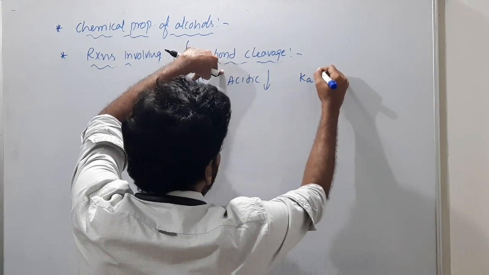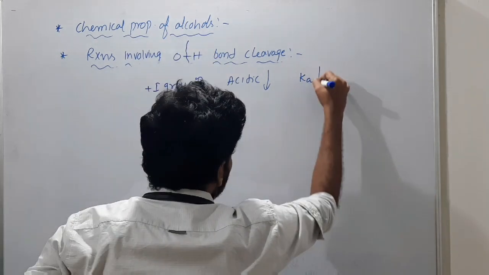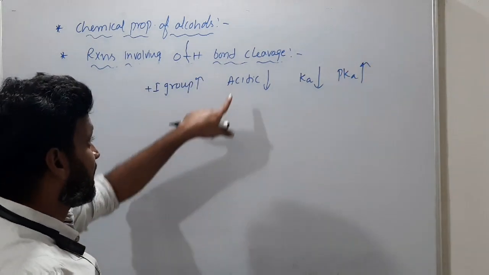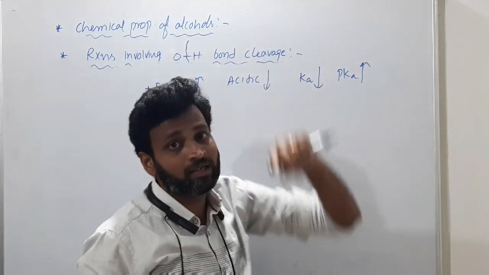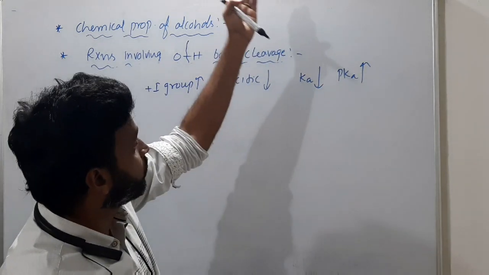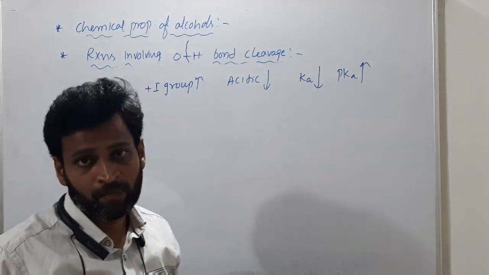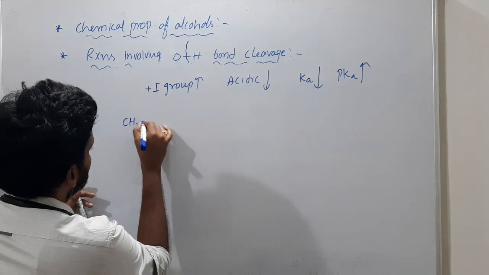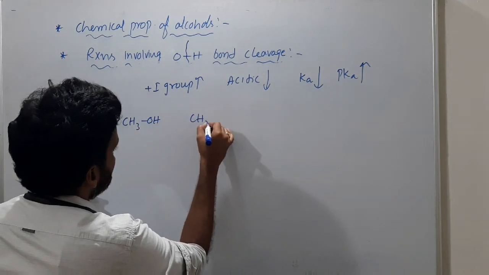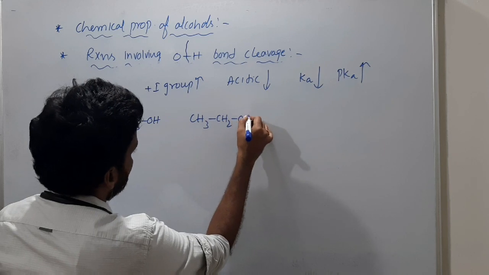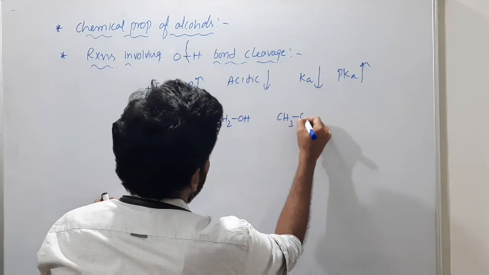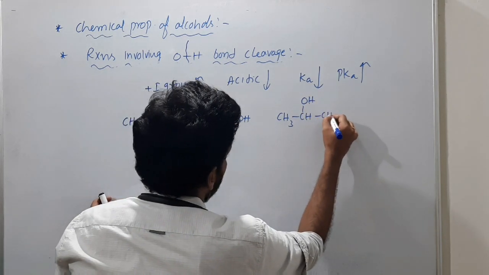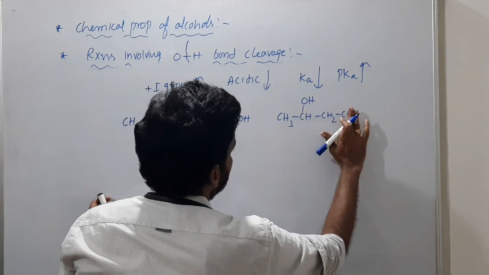Ka value is less and pKa value will be more. Opposite: acidic character is less means pKa value is more. Acidic character is more means pKa value is less. Don't get confused. So who is more acidic among these? Suppose CH3OH, CH3CH2OH, and CH3CH(OH)CH2CH3.